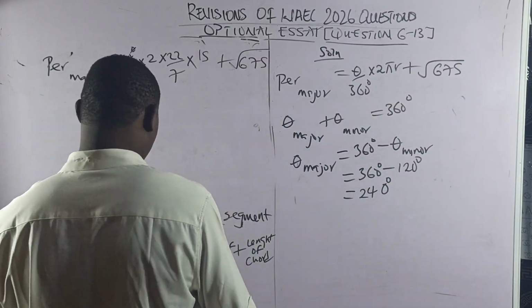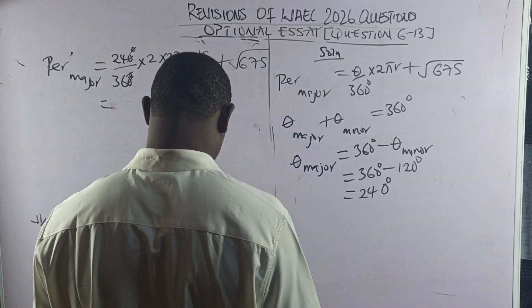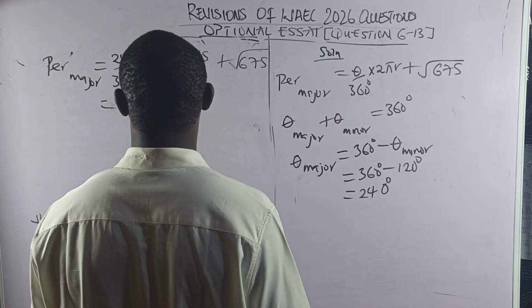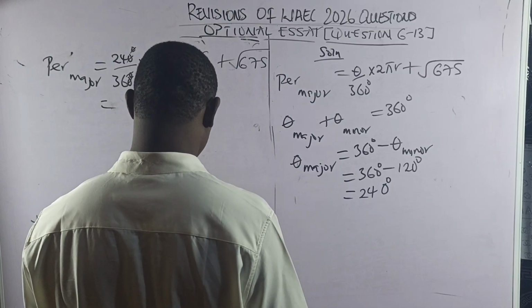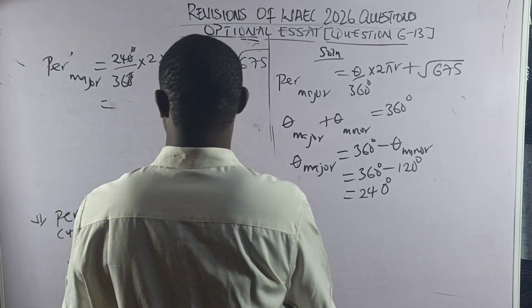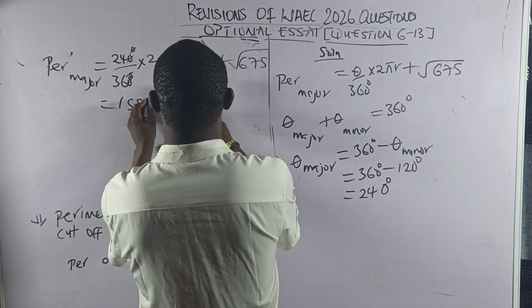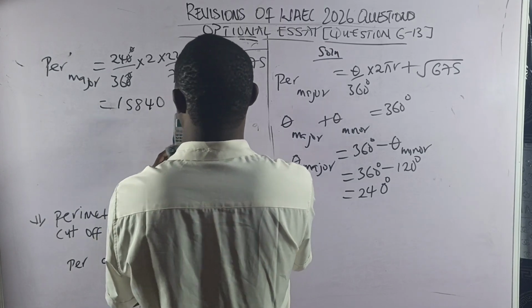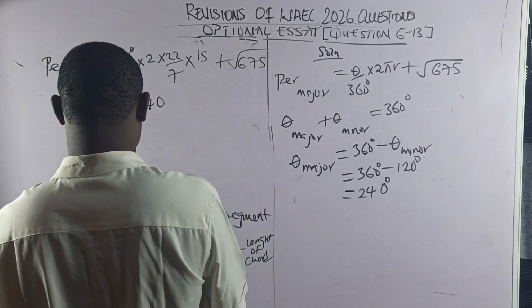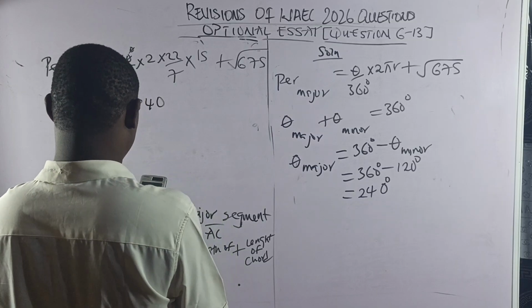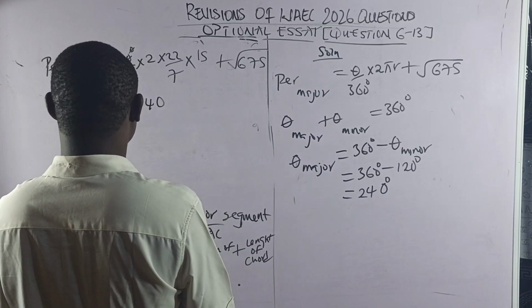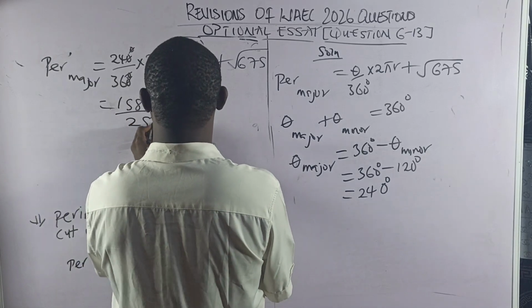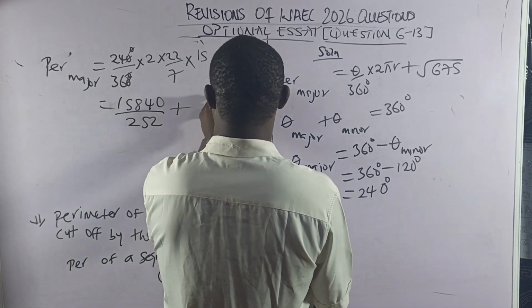We simply have 24 times 2 times 22 times 15 to give us 15840, and 36 times 7 to give us 252, plus our value.